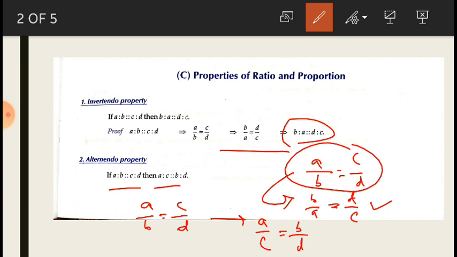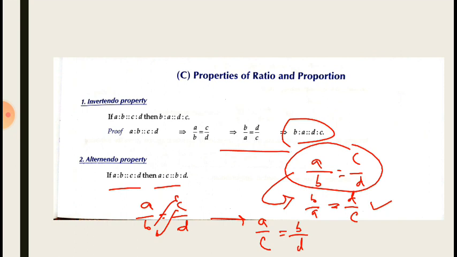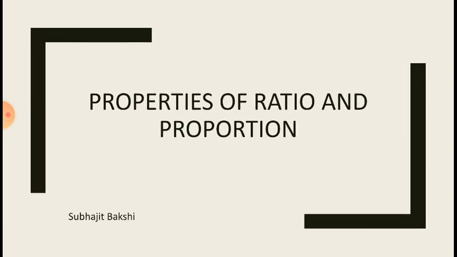This can be easily seen if c comes here and b goes to this side, then it happens by default. There is nothing in the proof, you just have to remember the property.